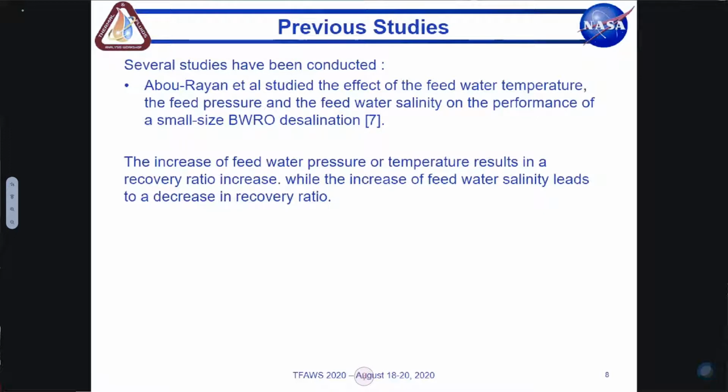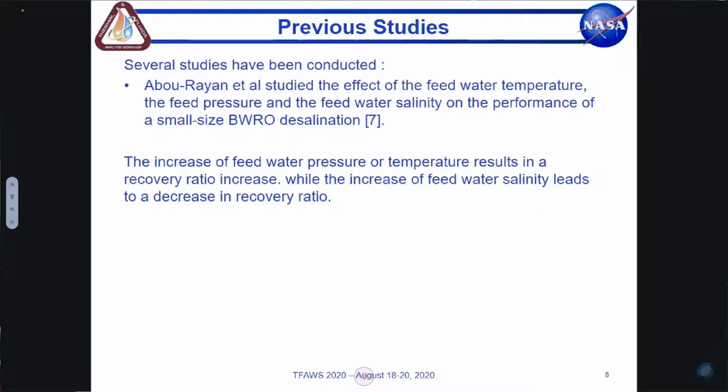First, we'll talk about the previous studies about reverse osmosis. The first one was Abrayan.